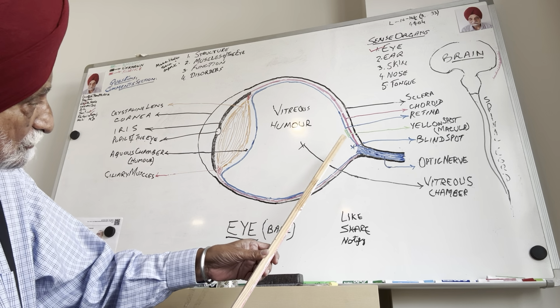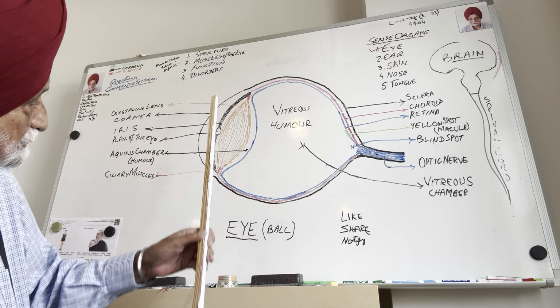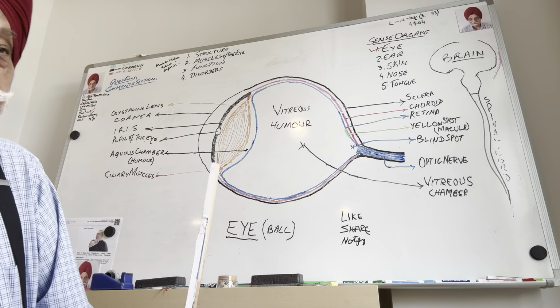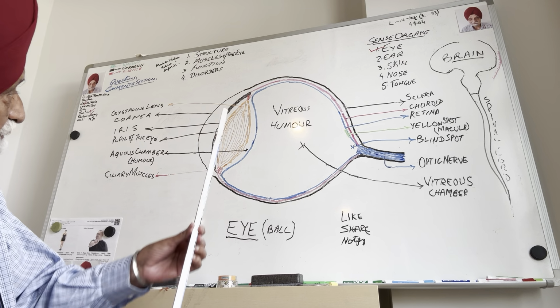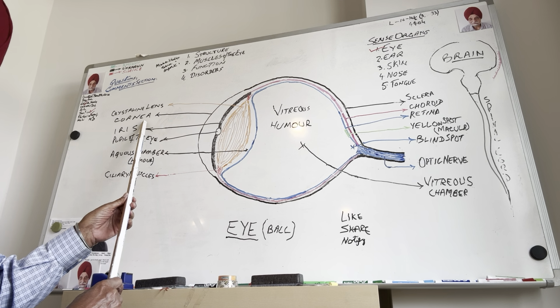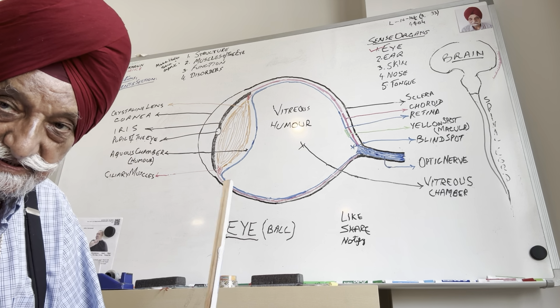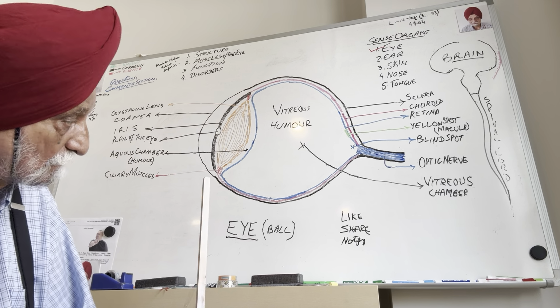The sclerotic is fleshy and white, as I said. In the front region, the sclera is covered over by another transparent layer called the cornea, through which the light can easily pass.